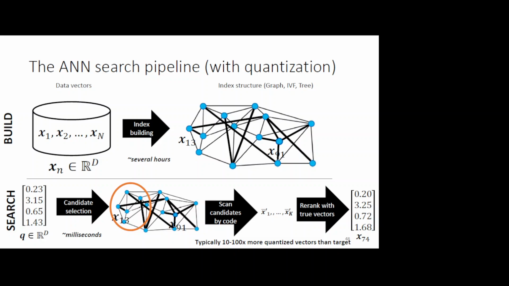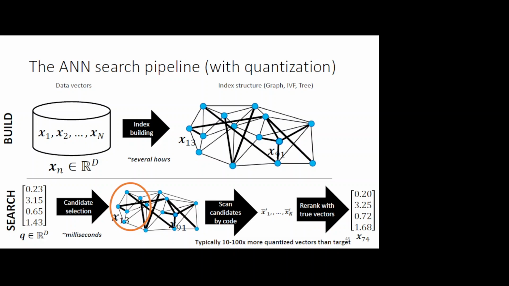But if your memory is not sufficient, we have to compromise to do a search like this. Here, we just use our graph structure to find a set of candidates by code. This means all the data points are compressed.